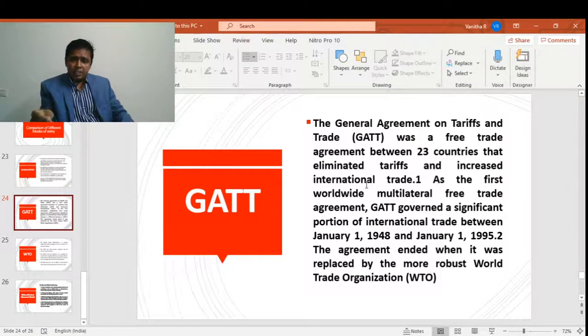For example, textile. India used to produce a lot of silk and textile related products, and they used to take it and sell it to international markets. And that is good. Everybody wanted to make sales.